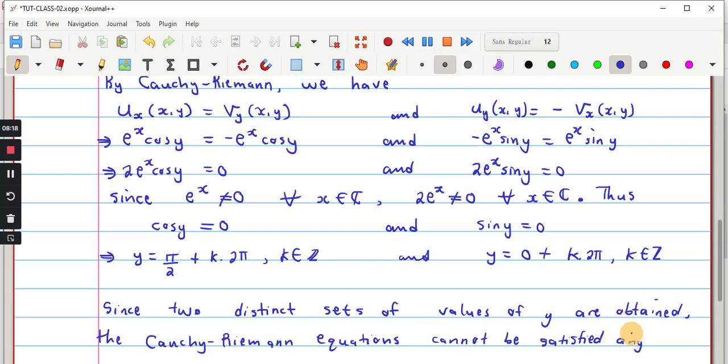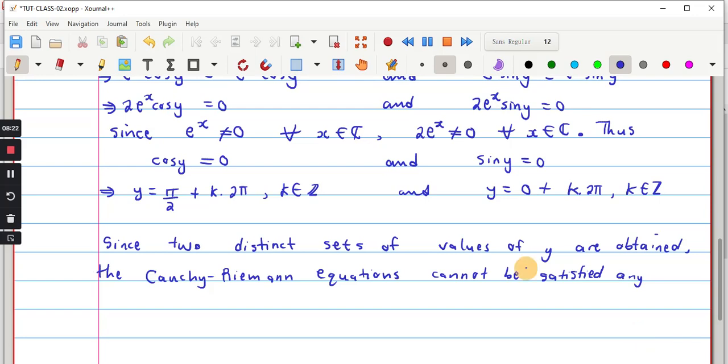We don't seem to be able to satisfy these Cauchy-Riemann equations for this function to be differentiable at some point. Thus, for this reason, f at z is nowhere differentiable.